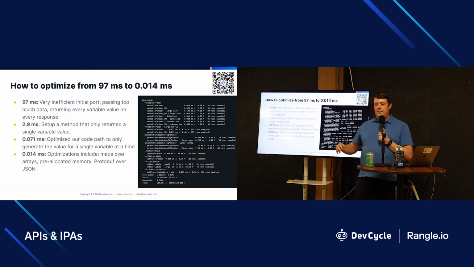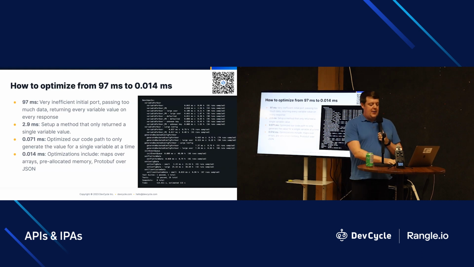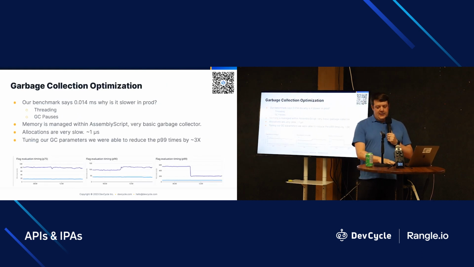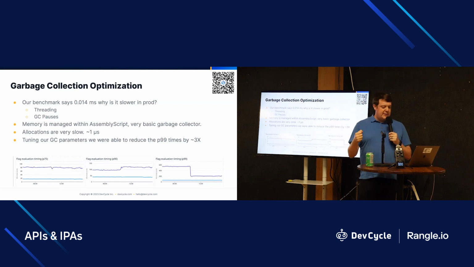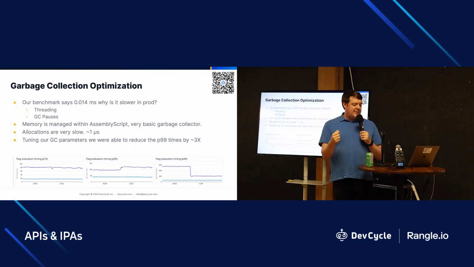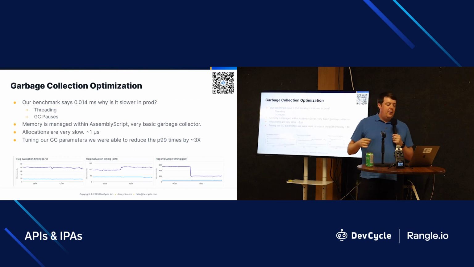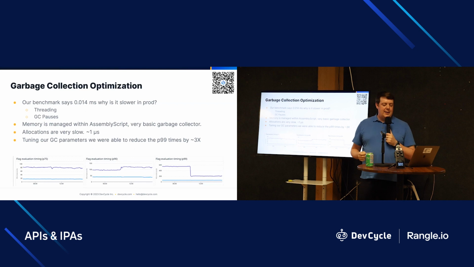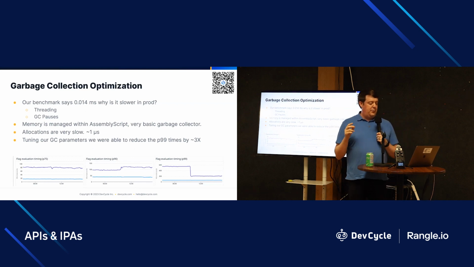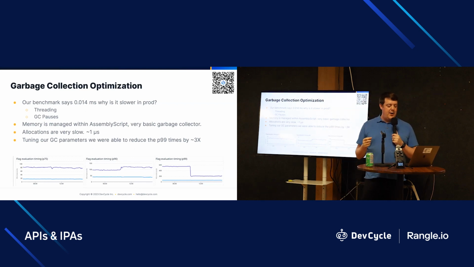And we spent a lot of time on automated benchmarks and in the .wat code to try to optimize this stuff. So we had this code that we were pretty confident about. We're like, 14 microseconds in our benchmark, awesome, it's going to work for them. Why, when we deploy it to production, is it slower? And the two main outcomes of why it ended up being a lot slower in prod.